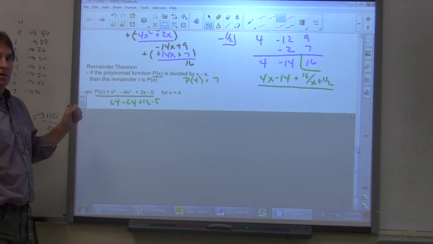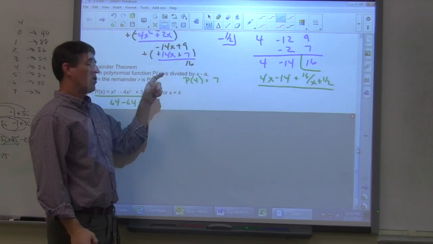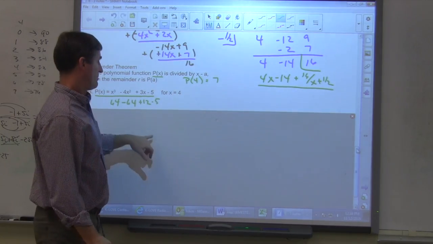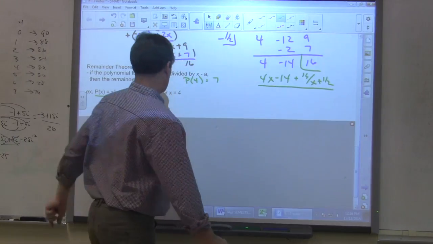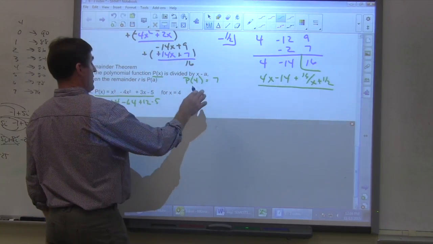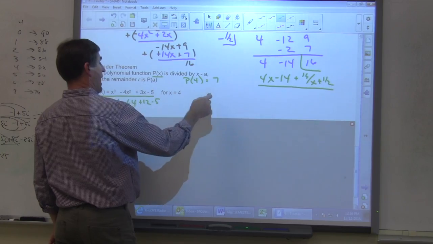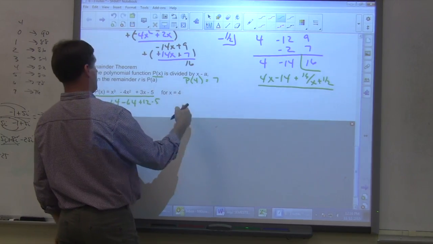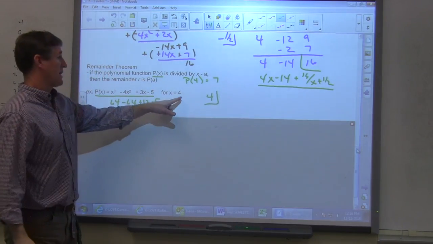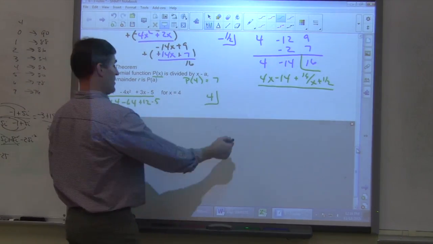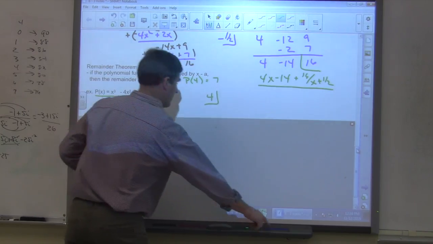Okay? But if you remember from our synthetic division, this is our remainder, right? So we can go back and we can do synthetic division. But when you do this, since it's telling you x is 4, that's what you plug in. So now I'm going to set this up.